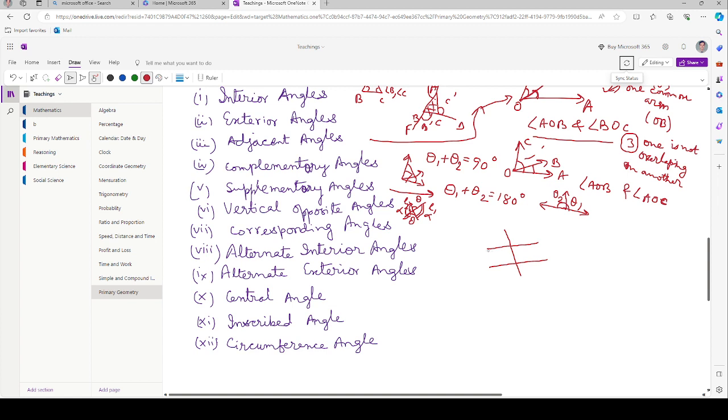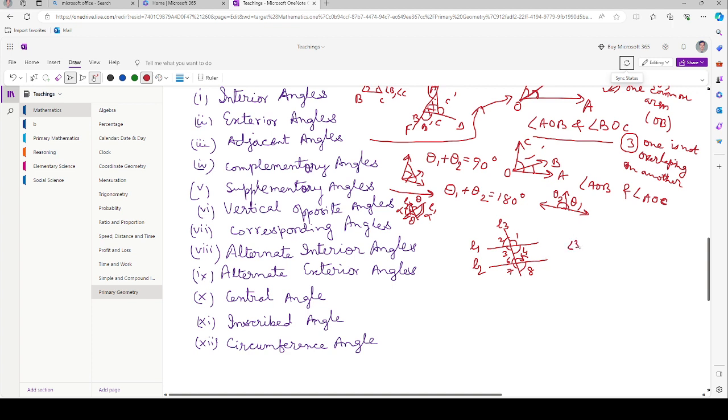So here two lines, line 1 and line 2, and the transversal line, line 3, makes 8 angles: 1, 2, 3, 4, 5, 6, 7, 8.